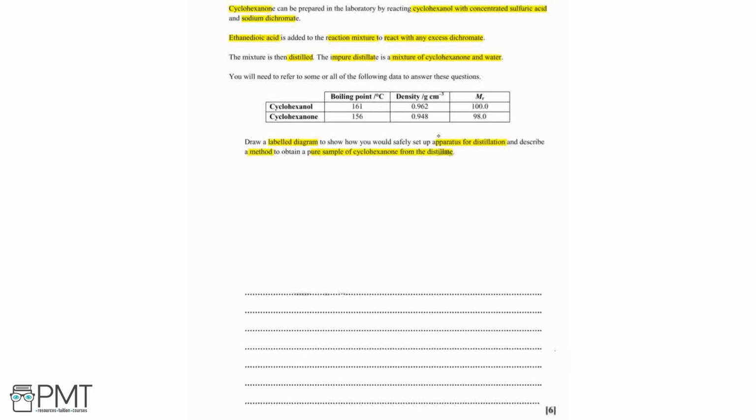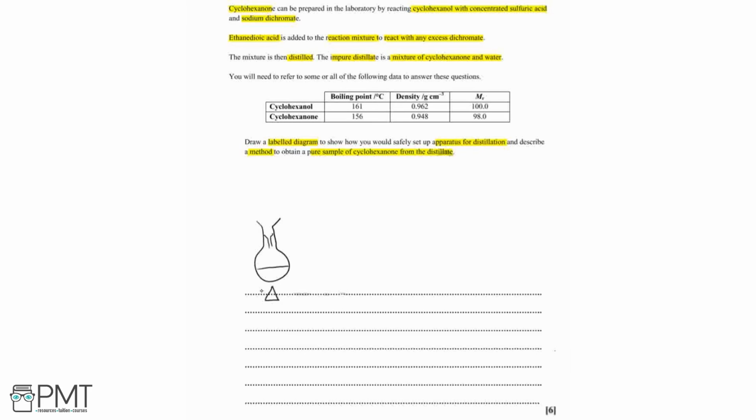So we're going to start by having a round bottom flask, like so, and this is where our mixture to be distilled will be kept in. We've got to have a heat source below to heat this up, and now let's get to drawing the rest of our distillation setup.